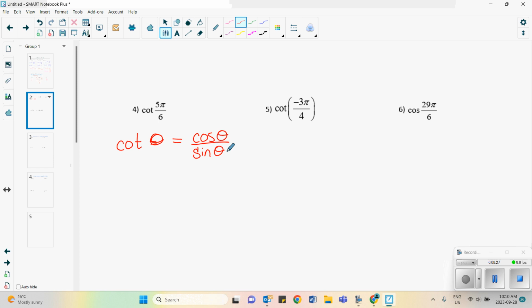I'd find 5 pi over 6, which is here. And I would do the division. So I have negative root 3 over 2 divided by 1/2. Right?